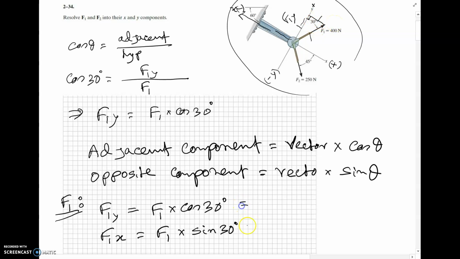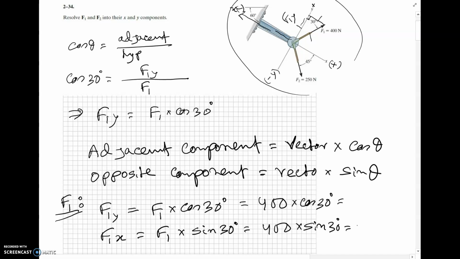So if we use the values, say the value of F1 is 400 Newton, then F1y is 400 into cos 30 degrees and F1x is 400 into sine 30 degrees.